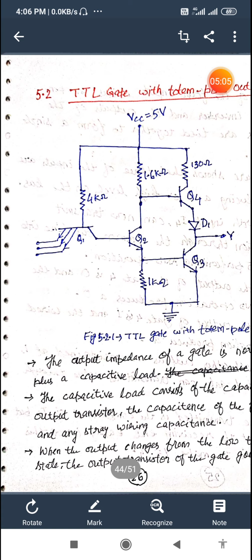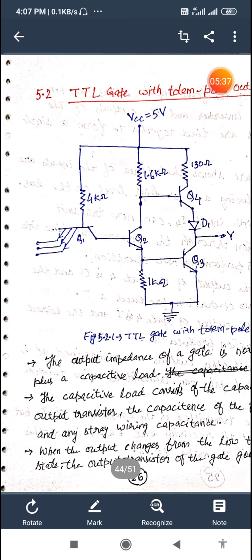As soon as Q2 turns off, Q4 starts conducting because the base is connected to VCC through a 1.6 kilo ohm resistor. Now, the current needed to charge the load capacitance causes Q4 to saturate momentarily and the output voltage rises with a time constant RC, but R is only 130 ohm plus the saturation resistance of Q4 plus the resistance of the diode, totaling approximately 150 ohm.